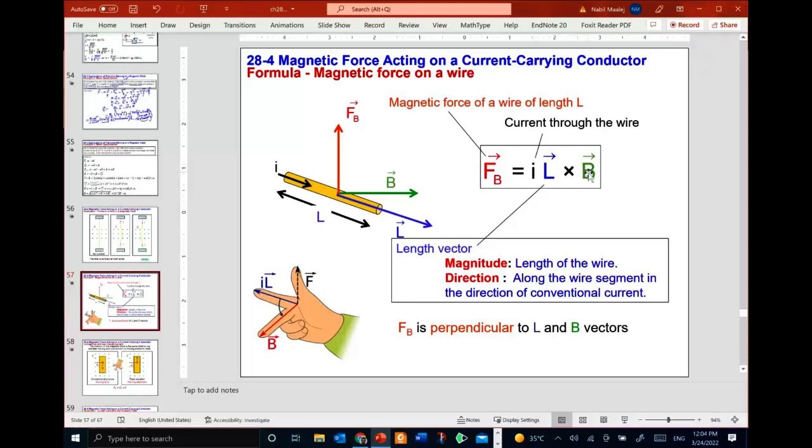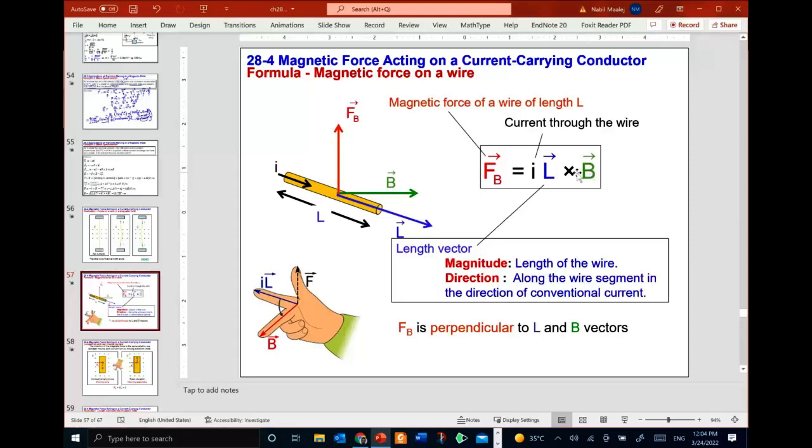So this is another equation where we have a cross product, but instead of qV crossed with B in the previous equation for a single charge, in this case it's I, the current, and L, the length vector, crossed with the magnetic field vector B. And if you want to determine the direction of the force, you use the right hand rule.